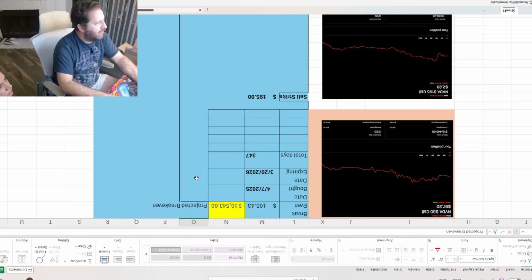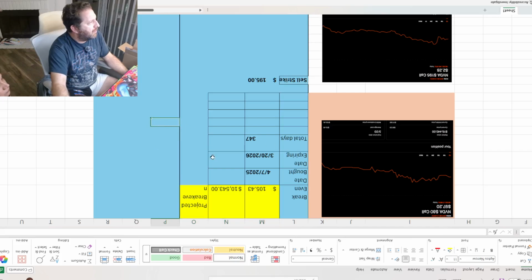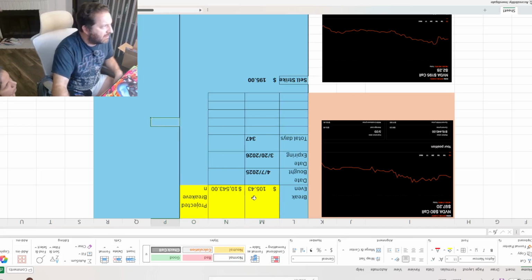And then just do this, like that. Because these two pieces of data go together. I guess that could be yellow too, because this is also projected.